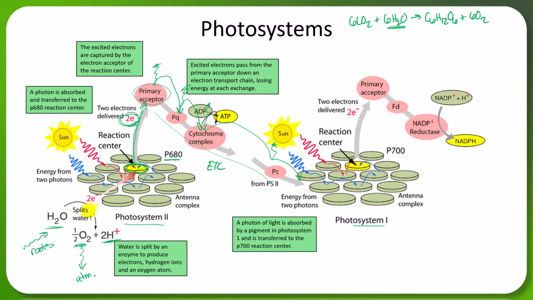At this point, photosystem I, the same photons that are being emitted from the sun are going to be collected downstream, so to speak, by the pigments of this particular photosystem. The same thing's going to happen. All of those photons are going to be bounced around from pigment to pigment to this particular reaction center, which serves the same purpose.